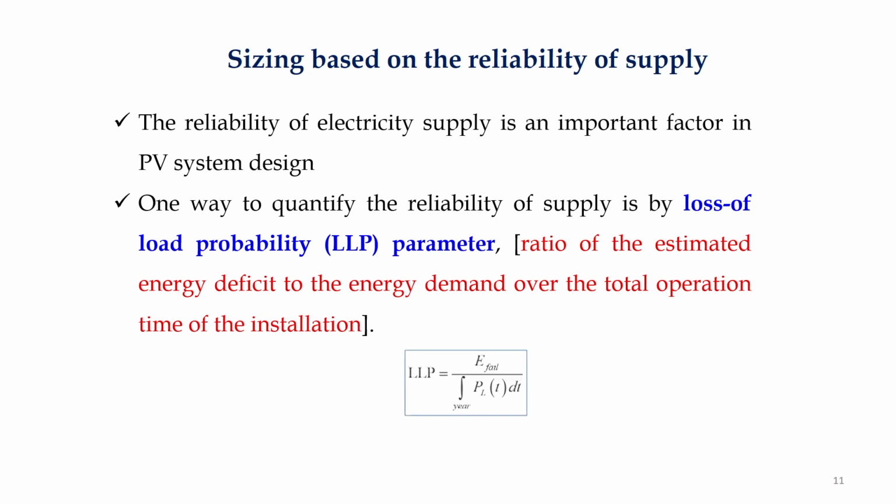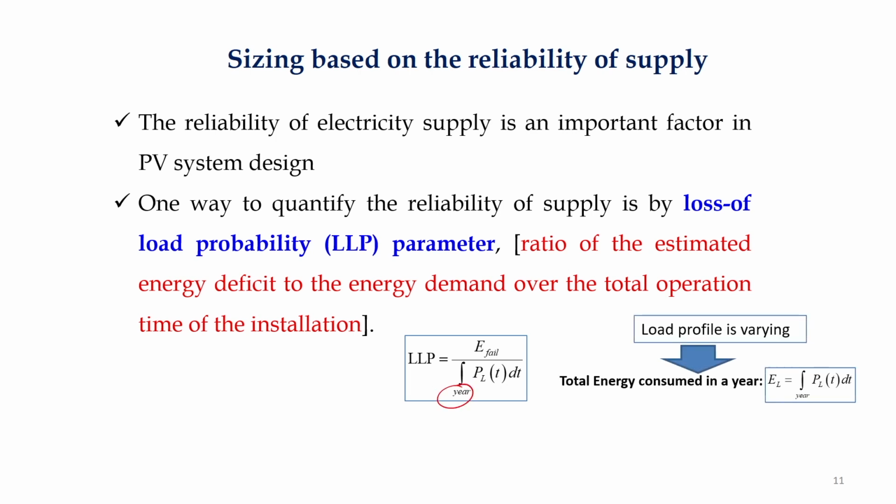So, mathematically it can be represented by LLP equal to E fail over the integration of PL(t) dt, and this is on a yearly basis. Why? Because the load profile is varying. So, we need to integrate over the period of 1 year, and this will be in watt hour or kilowatt hour per year.